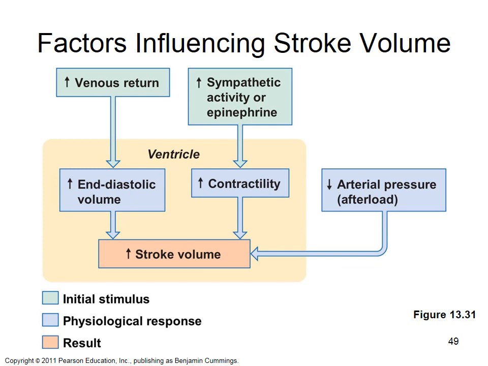The other thing that can increase stroke volume is a decrease in arterial pressure. So if there's a decrease in arterial pressure, your ventricles don't have to work as hard to squeeze blood out.